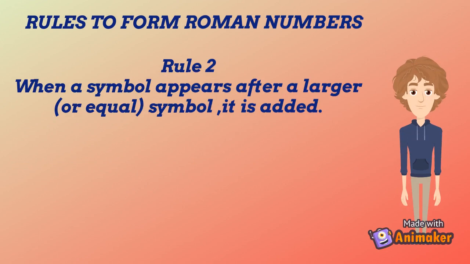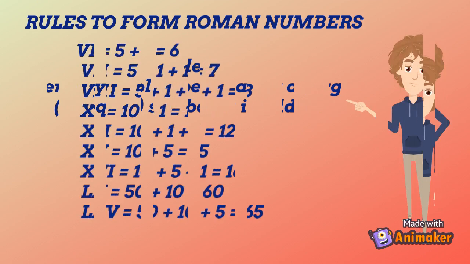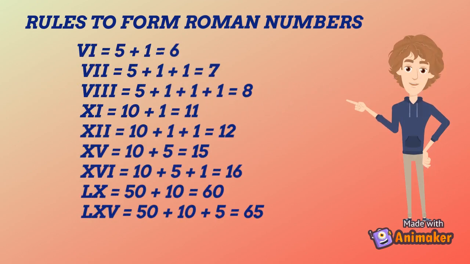Rule 2. When a symbol appears after a larger or equal symbol, it is added. VI equals 5 plus 1 equals 6. VII equals 5 plus 2 equals 7. VIII equals 5 plus 3 equals 8.